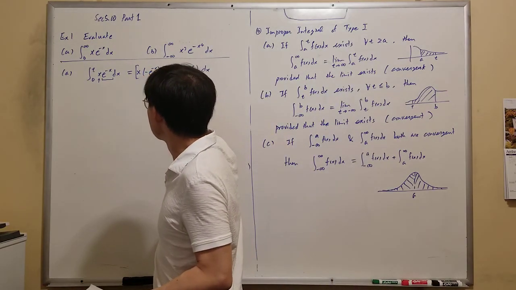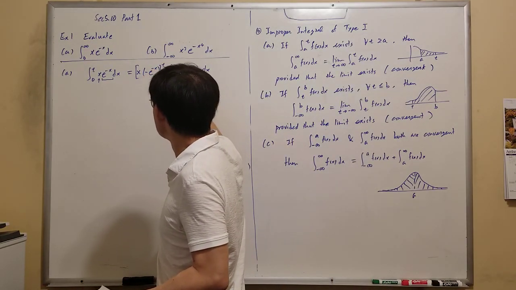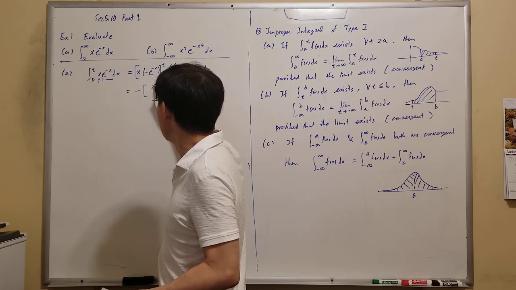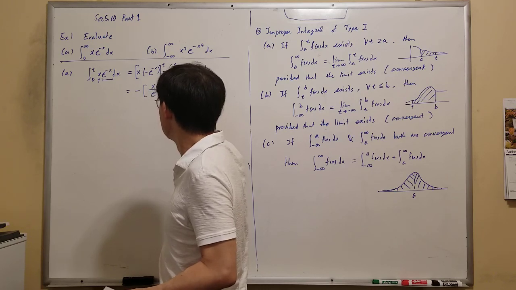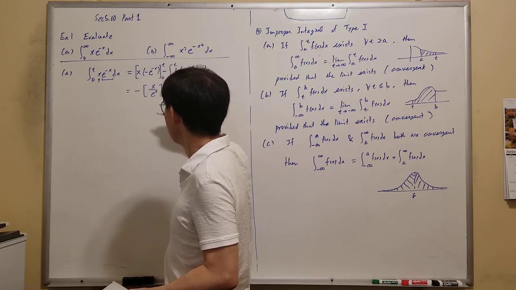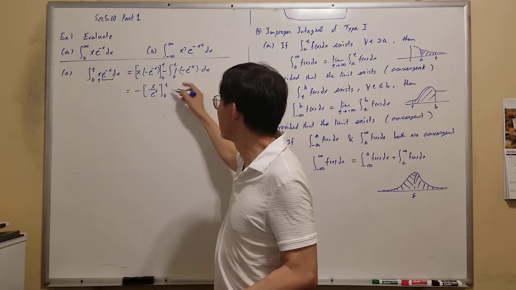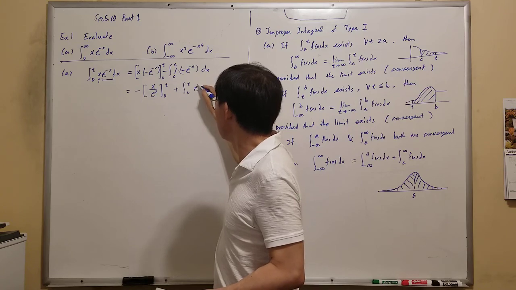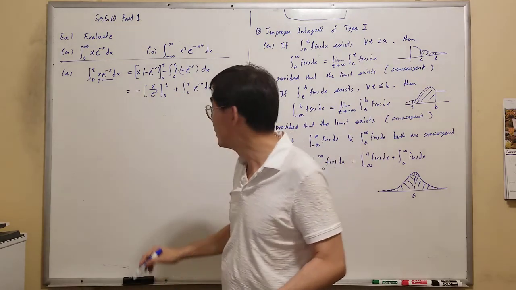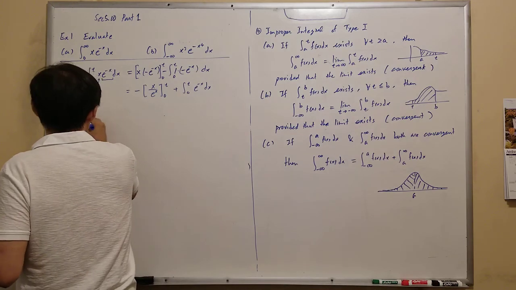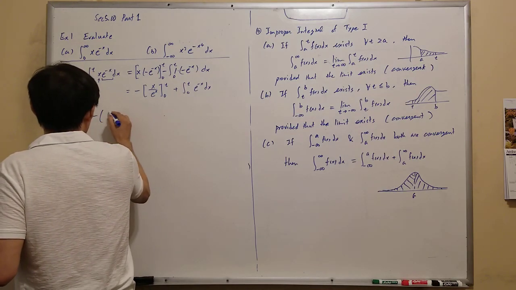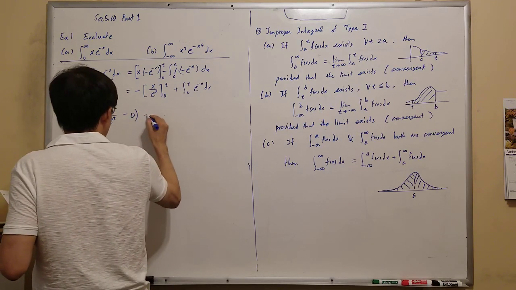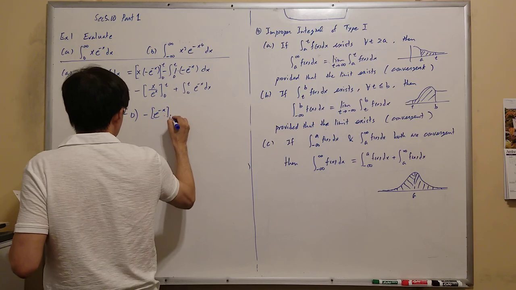And that one from 0 to t is minus x over e to the x, from 0 to t, plus the integral from 0 to t of e to the minus x dx. So I'm going to write here minus t over e to the t minus 0, minus e to the negative x from 0 to t.